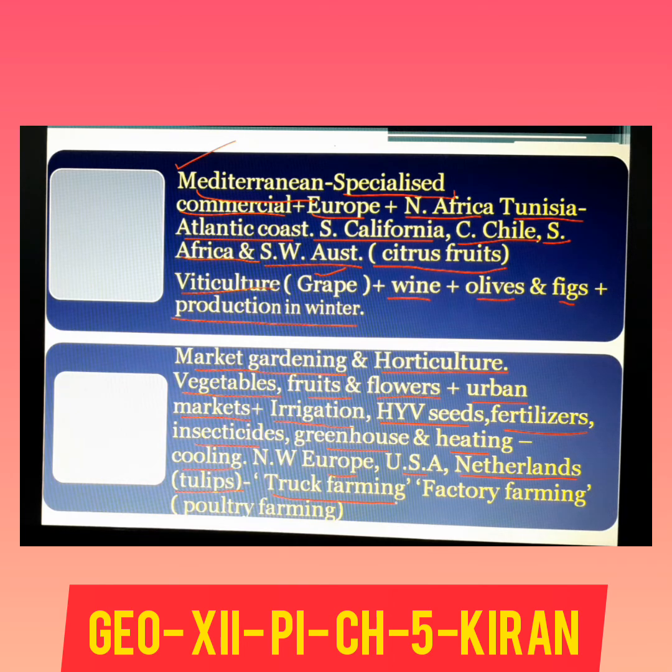It is also called truck farming or factory farming. It is called truck farming because early in the morning in and around urban areas, the trucks are carrying large quantity of vegetables, fruits, and flowers. It is also concentrated around the urban and industrial world to give the food grains, vegetables, and other crops to the urban population.